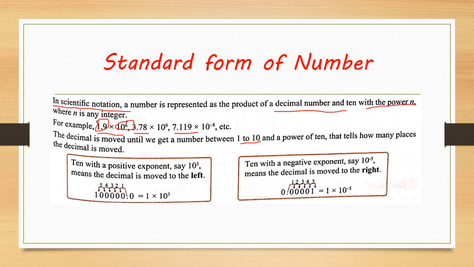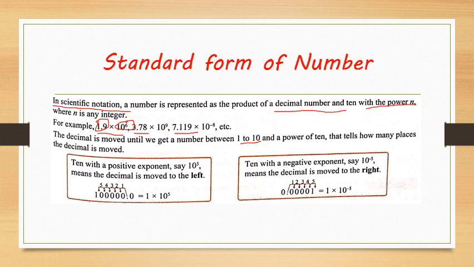So we have to convert the number in such a manner that its value always lies between 1 and 10. It may be equal to 1, and it is always smaller than 10. And then a power of 10, which may be any integer.